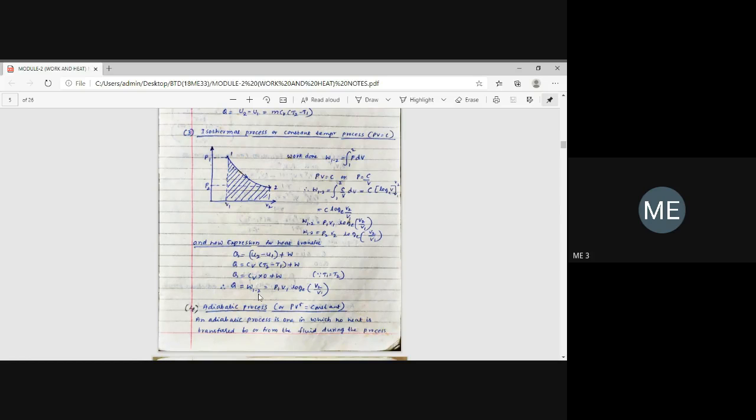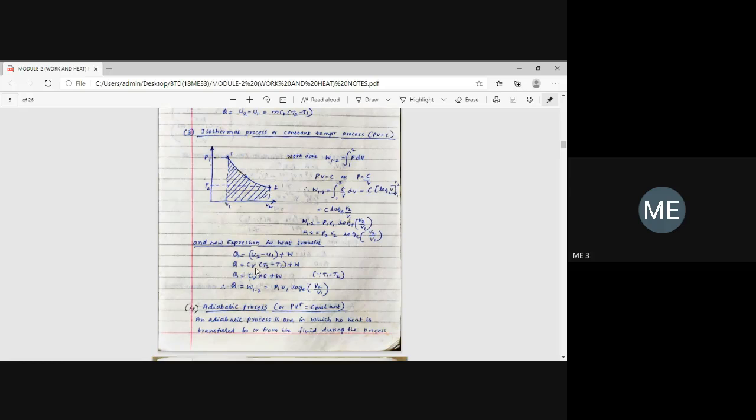Okay. So in order to find the heat transfer, first you have to write the expression for the first law of thermodynamics. Q equals to delta U plus W, and as I said, delta U is always given by CV into delta T, whatever process it is, and H is Cp into delta T. So Q equals to CV into T2 minus T1 plus W. T1 and T2 are same, so we'll get 0 value.